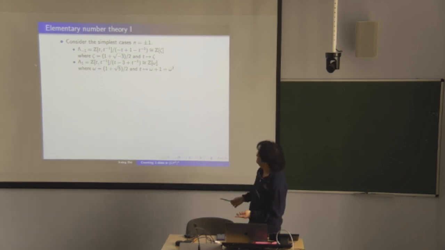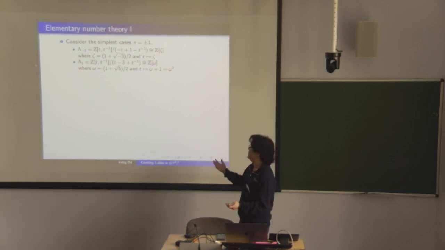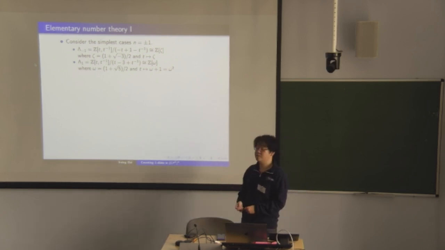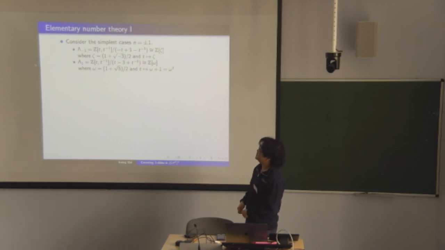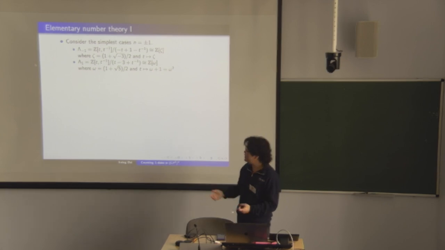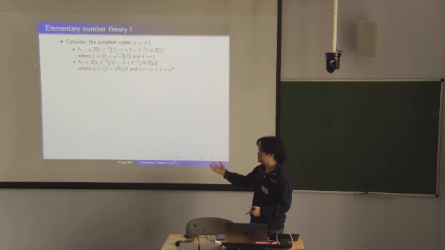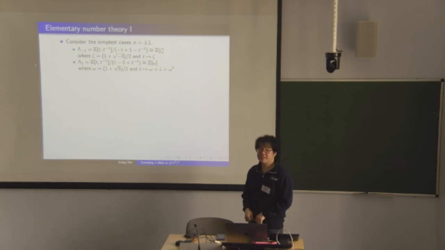Likewise, what about the case n equals 1? Understanding the quotient polynomial ring is the same thing as adjoining the root of this polynomial. The root is (3 plus or minus square root 5) over 2. Adjoining that is the same as adjoining (1 plus or minus square root 5) over 2, for reasons which will be clear in a moment, and I like this (1 plus square root 5) over 2, this omega, slightly better.